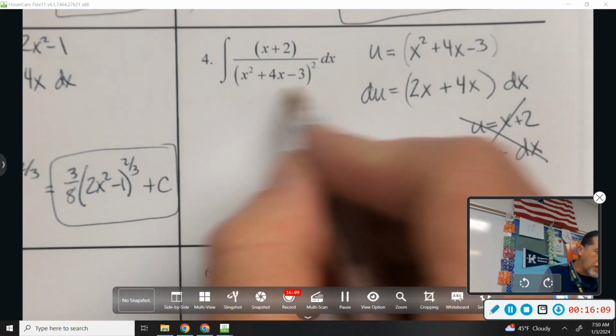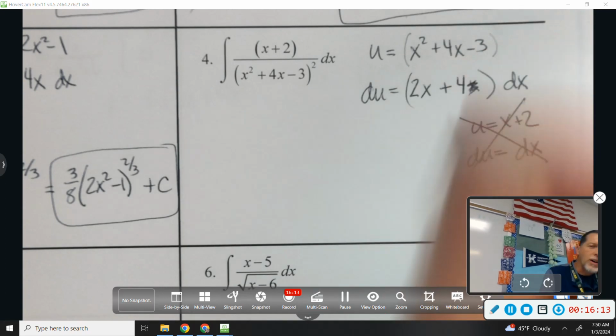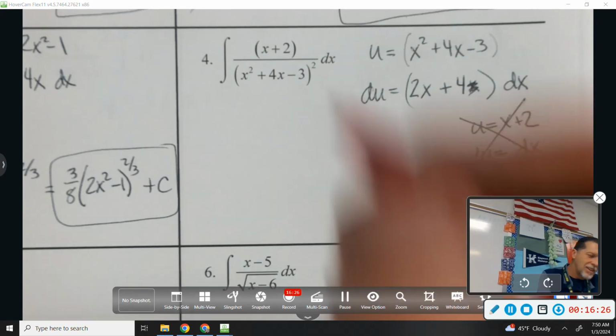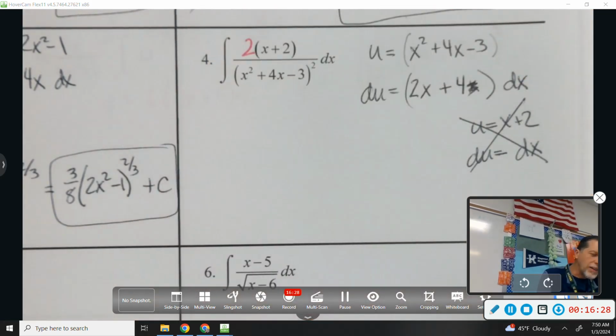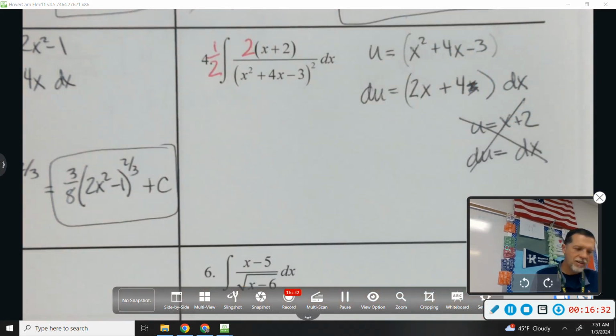Okay, so I got the bottom to be u. Whoops, that should be 2x plus 4, not 4x. That's not exactly the top, but could I make the top match that? If I put a 2 out there, then it would be 2x plus 4, so 2 and a 1/2.